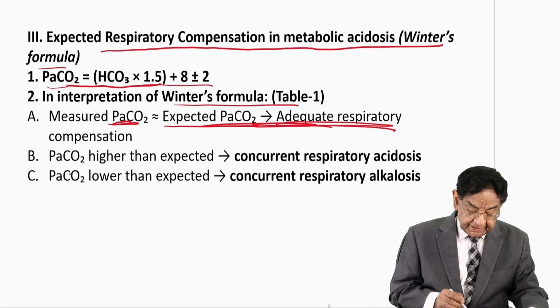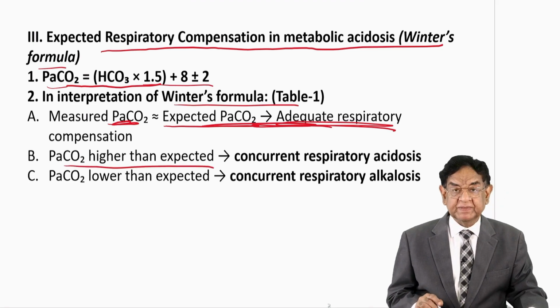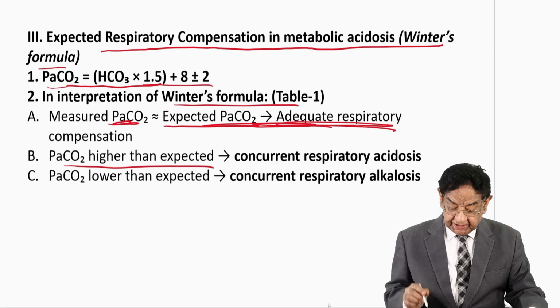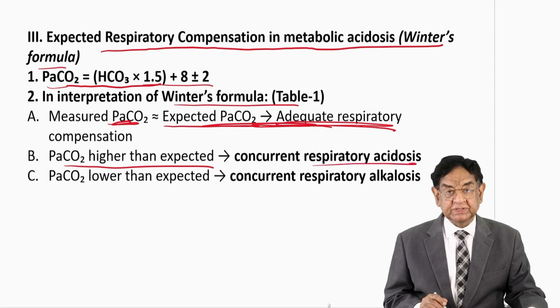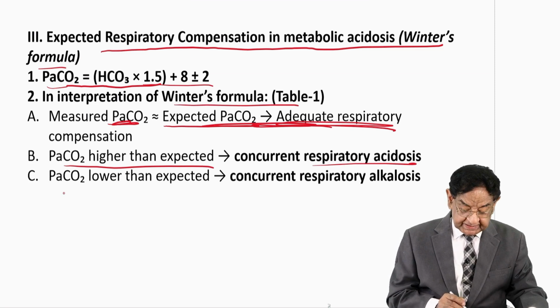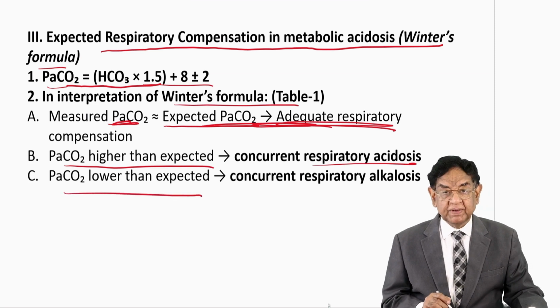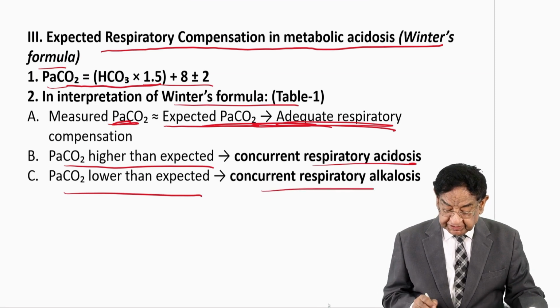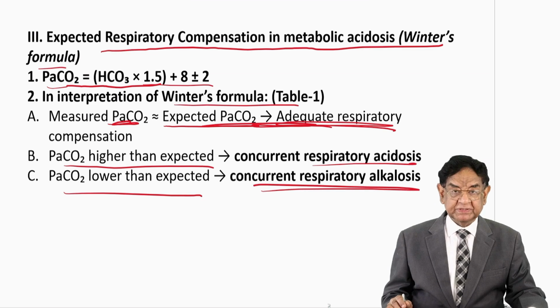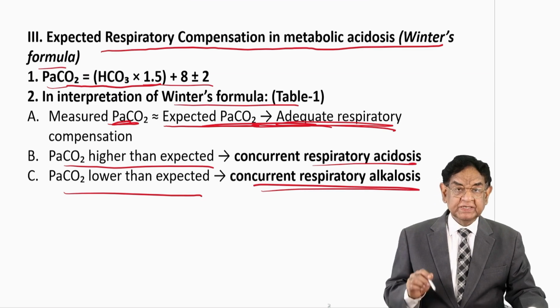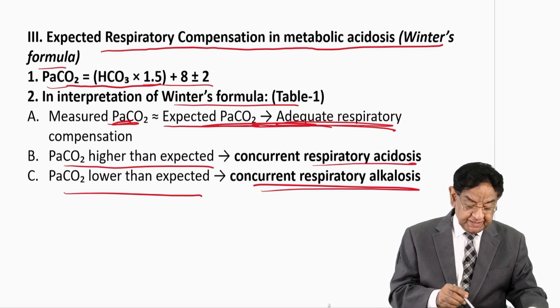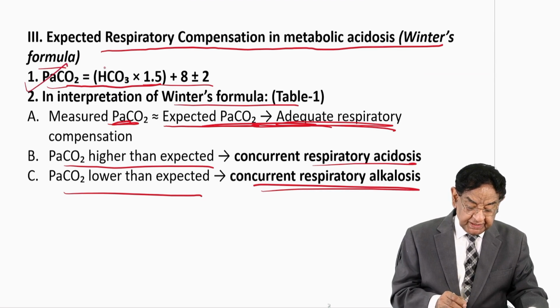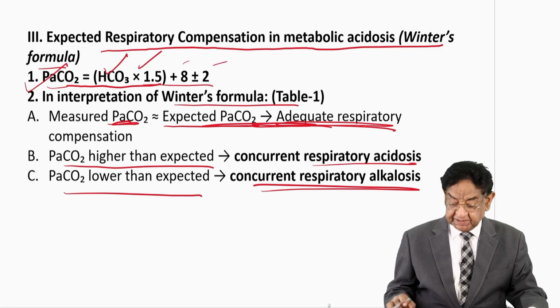If PaCO2 is higher than expected, as in the previous slide 30, we still call it respiratory acidosis. But if it is less than expected, like the previous slide 16, we call it respiratory alkalosis. So friends, the Winter formula for PaCO2 is bicarb multiplied by 1.5 plus 8, plus or minus 2.